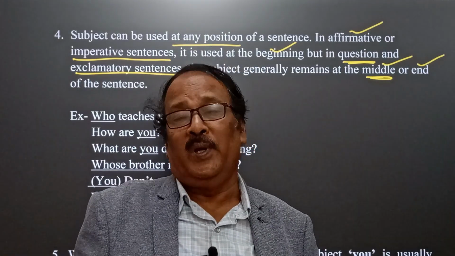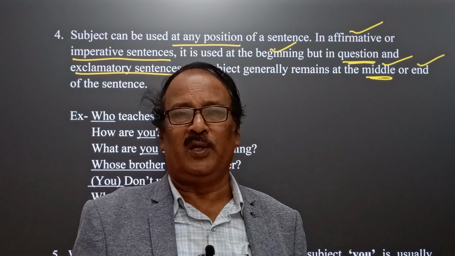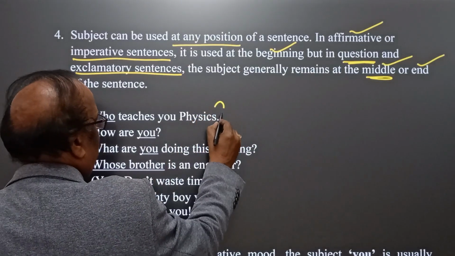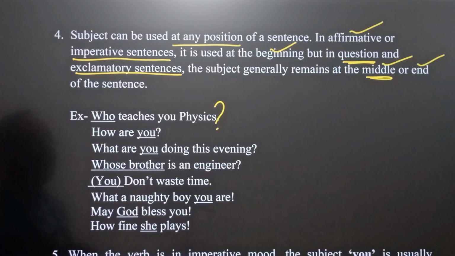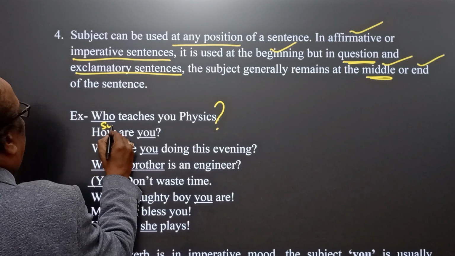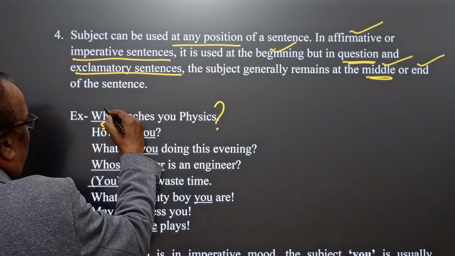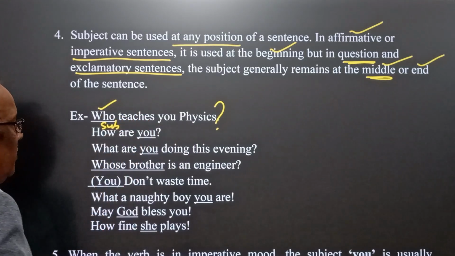You must have experienced this. You see, who teaches you physics? Here, who is the subject? Who is the subject. This is a question sentence, and the subject remains at the beginning. Here, who? Very interesting.